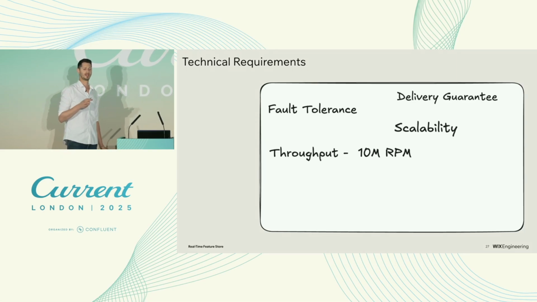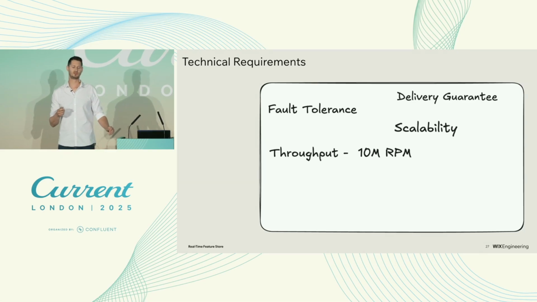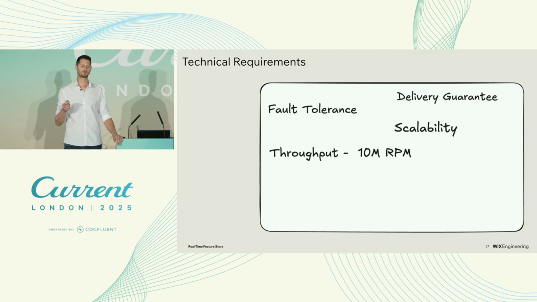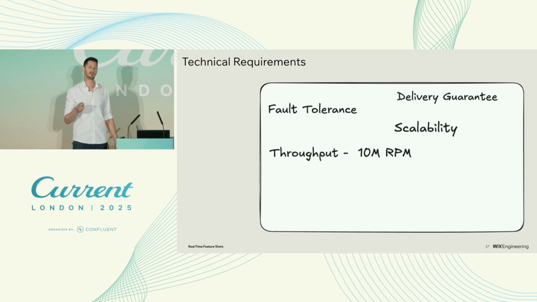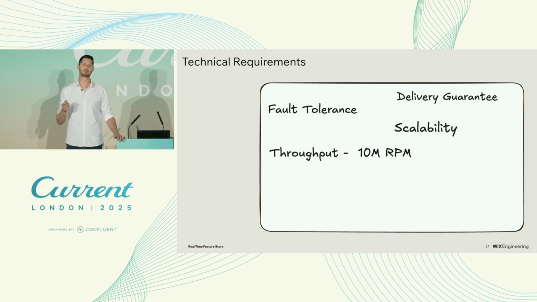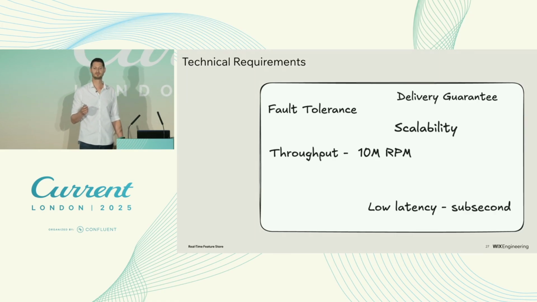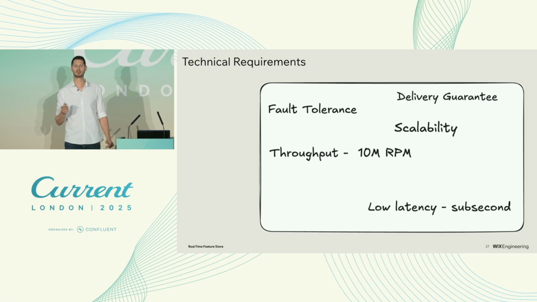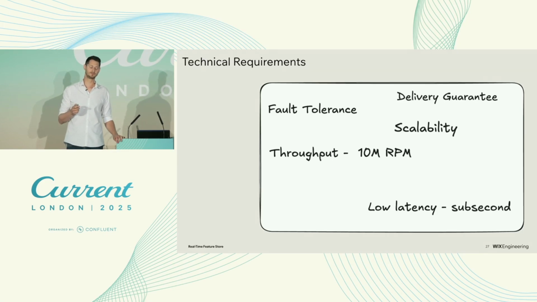Our average throughput is 10 million events per minute. And we also need to support special events like Black Friday and Cyber Monday with high traffic. All that with low latency. We need to process the data as quickly as possible with minimal delay.